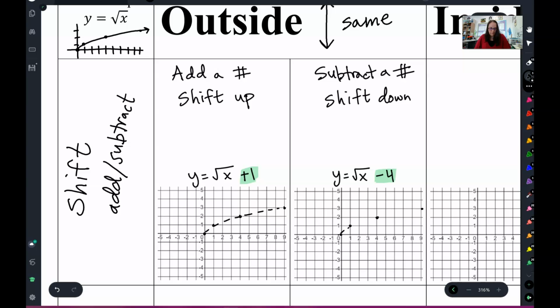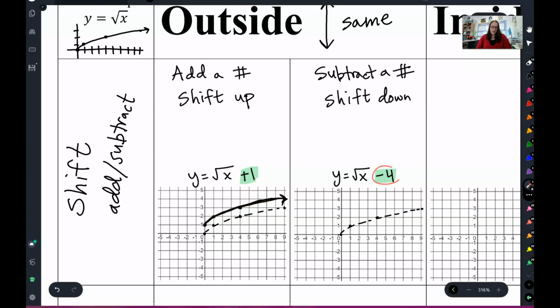Original parent graph in dashed lines. This, because it is adding on the outside, means I'm going to shift that whole graph up 1. So shift all these points up 1. And you'll notice that's just changing the y value of all these points. The x value stays the same. It's just changing the y value. So that is my final graph that has been shifted up 1.